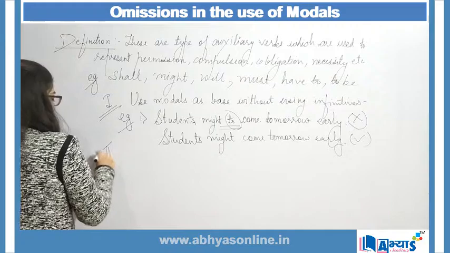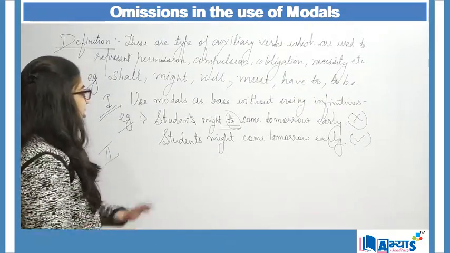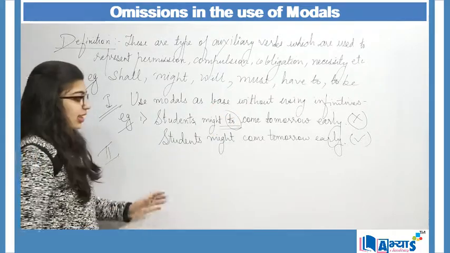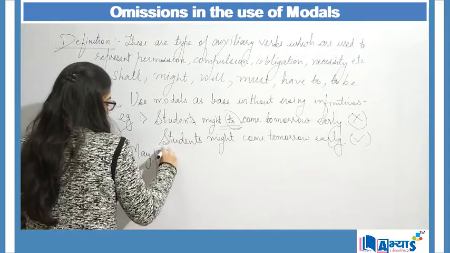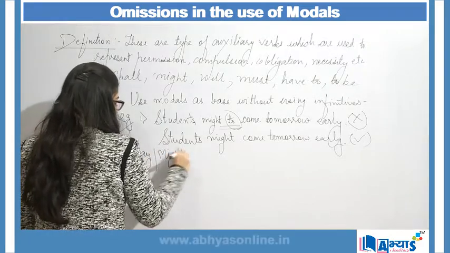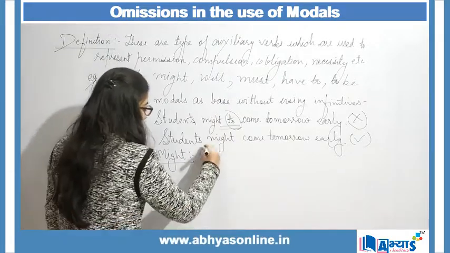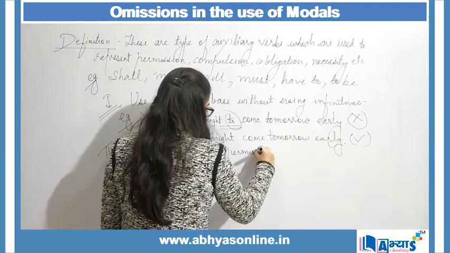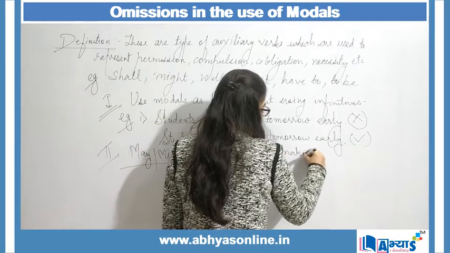Another area where we can go wrong: the first area was that you have to use modals as the base. Now next is the use of may or might. May or might should be used whenever you have to seek some permission or to make predictions.